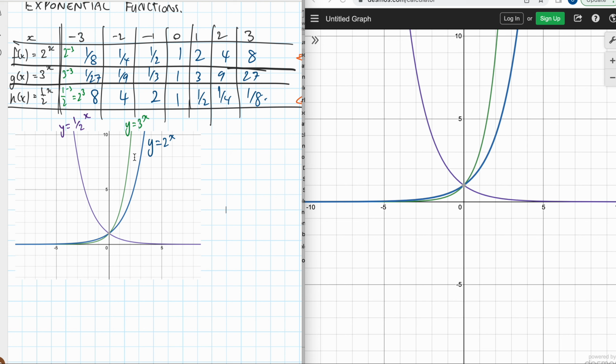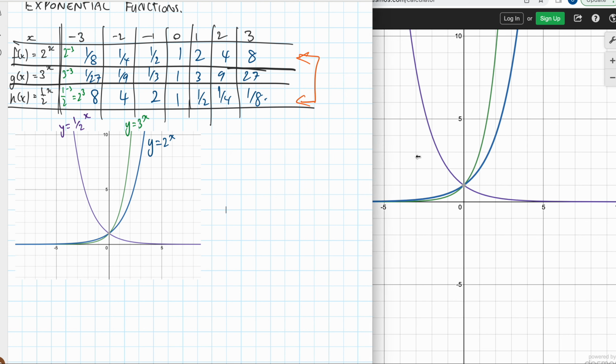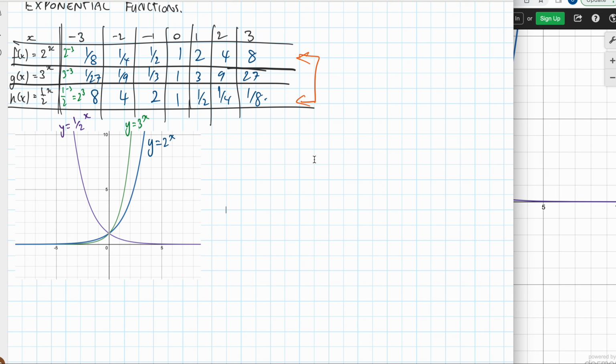So let's talk about our key functions. Now I'm going to move this across and talk about them. So, key features. We can just write these out. y is equal to 2 to the x, y is equal to 3 to the x, and y is equal to half to the x.